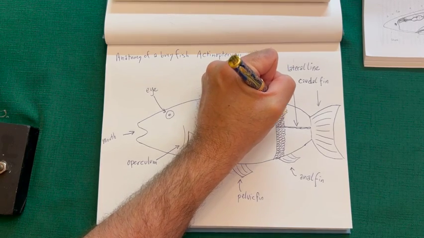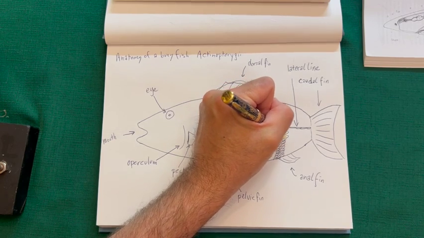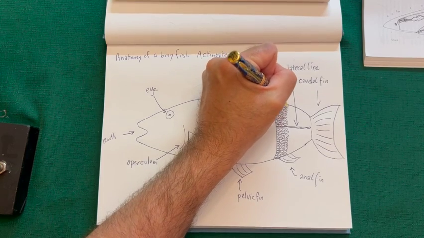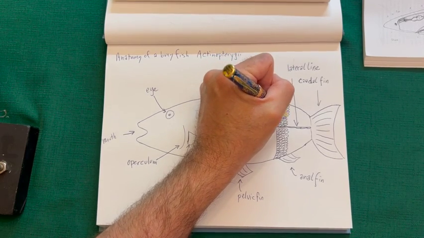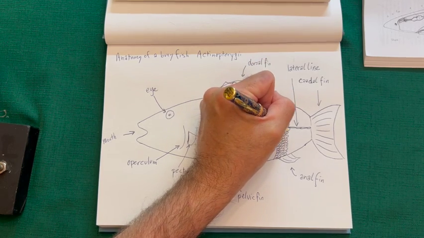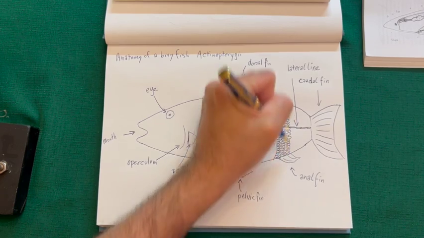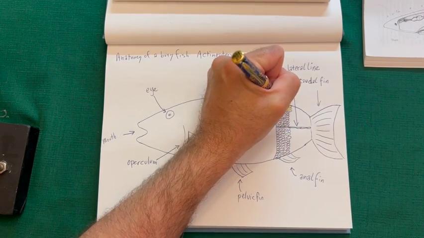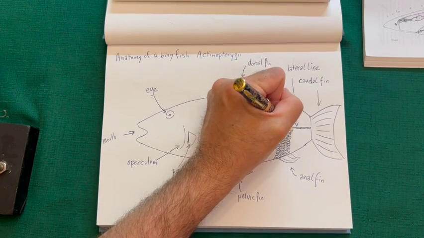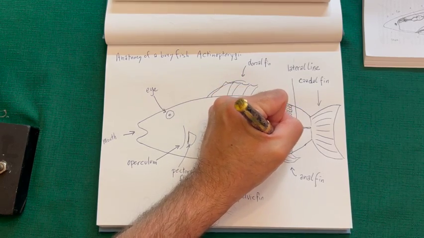Cartilaginous fish have what are known as placoid scales, or denticles, which means tiny little teeth. Shark skin is rough, and in fact, in the South Pacific, that roughness was actually used to advantage. They would use shark skin as a type of sandpaper, or we use sandpaper for shark skin.